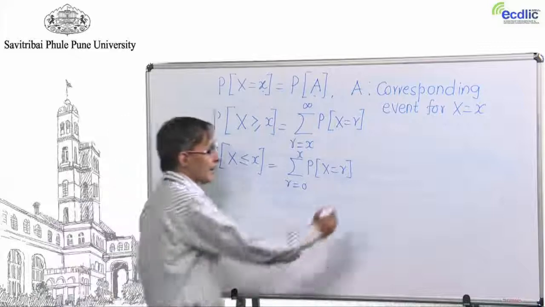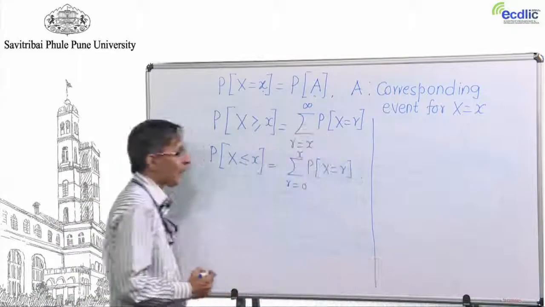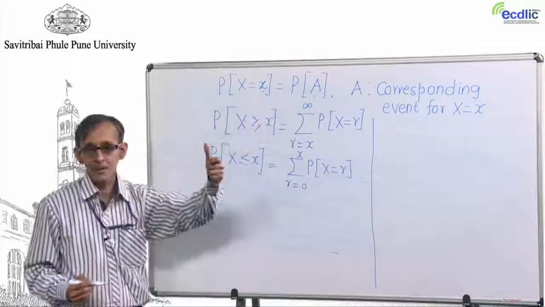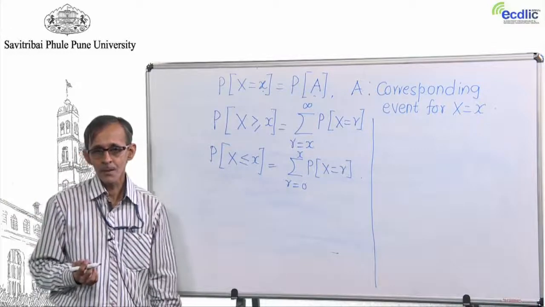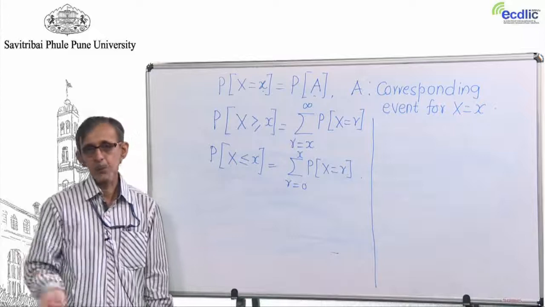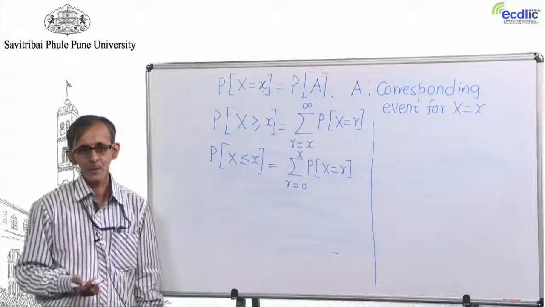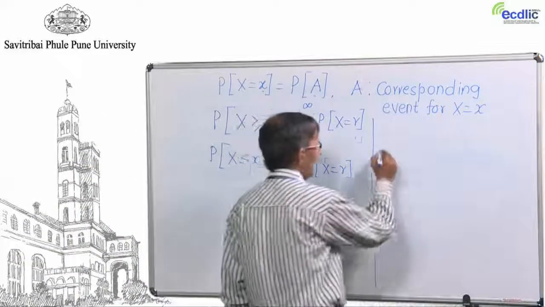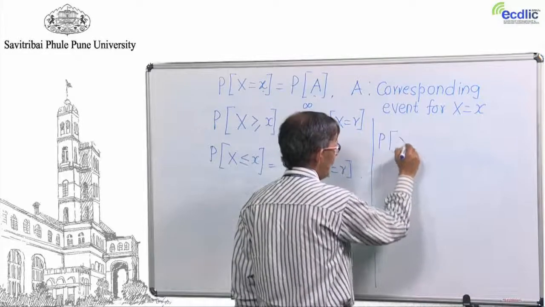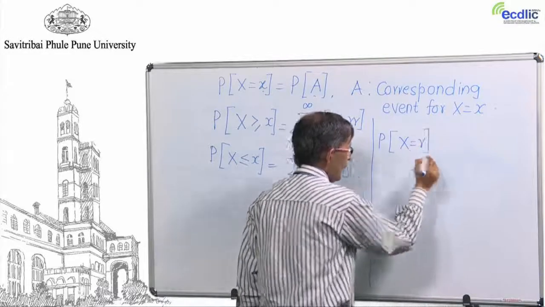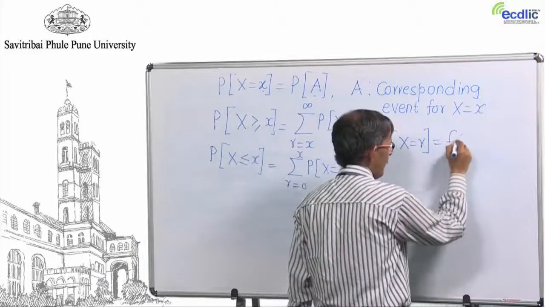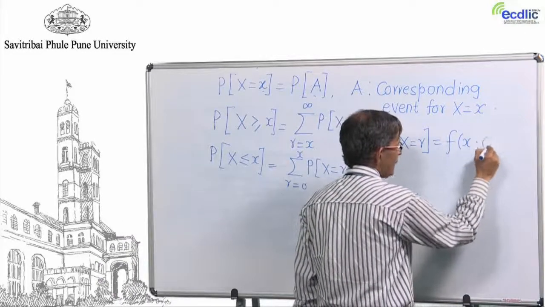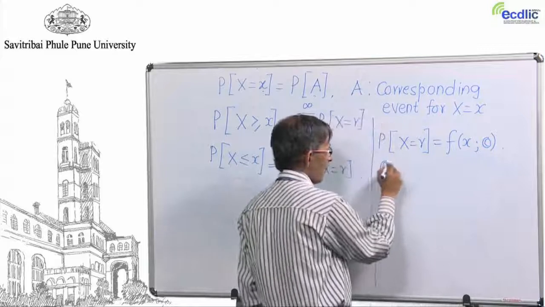Now based on this activity, every time going to the events and choosing the event and computing probability will be time consuming. So, instead of that what we do, we try to find out, can I represent this as a function of x and some theta, where this theta is called a parameter.